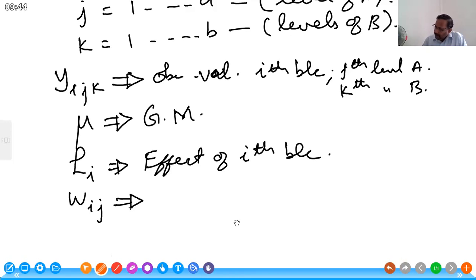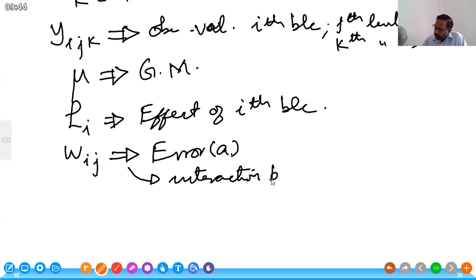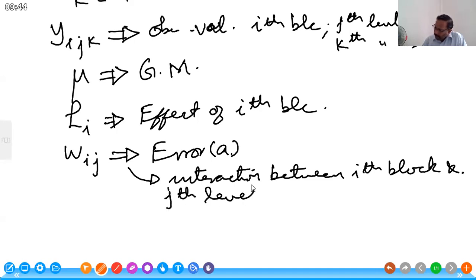Actually, it is called error A. It can also be said to be the interaction between the ith block and jth level of A. Actually, it is the interaction effect. That is what we are considering as error A.